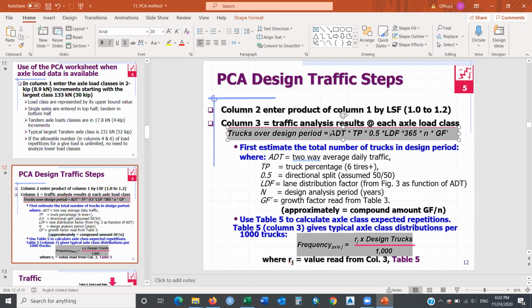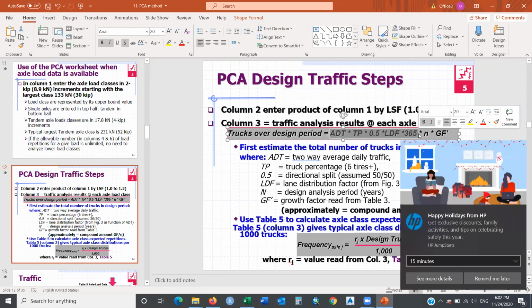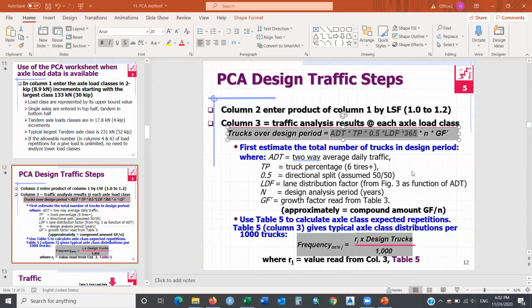You multiply that by the lane distribution factor, which we have a figure, I show you soon. And that gives you the total number of trucks in the design lane in 1 day. You multiply by 365, and this is the total number of trucks in 1 year on the design lane.